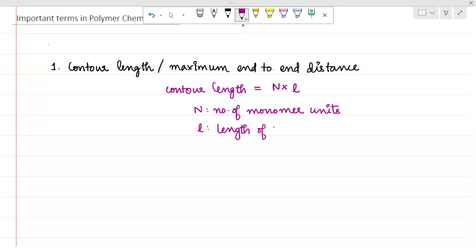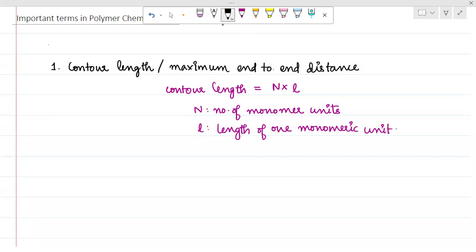That's it. Very easy. So you'll be given how many units are present in the polymer into the length of one monomeric unit will give you the maximum end-to-end distance.